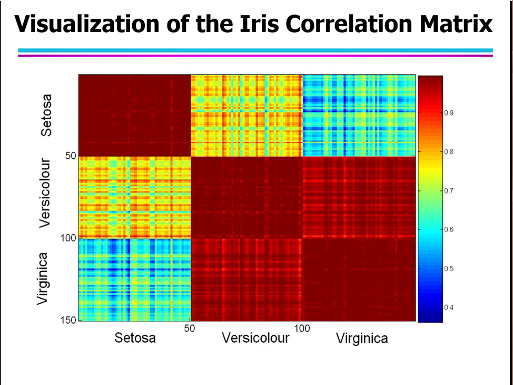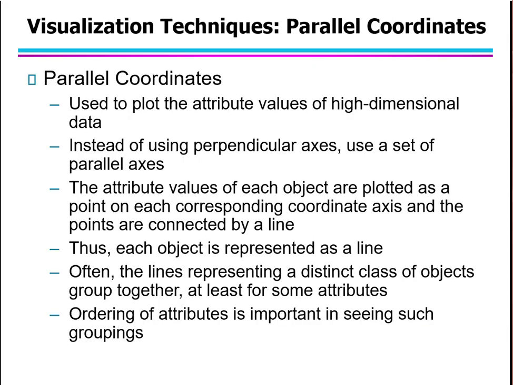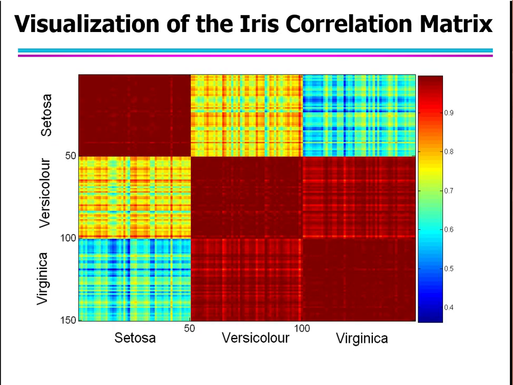Parallel coordinates are used to plot the attribute values of high-dimensional data, instead of using perpendicular axes as in a traditional plot. Parallel coordinates use a set of parallel axes. The attribute value of each object is plotted as a point on each corresponding coordinate axis, and these points are connected by a line.